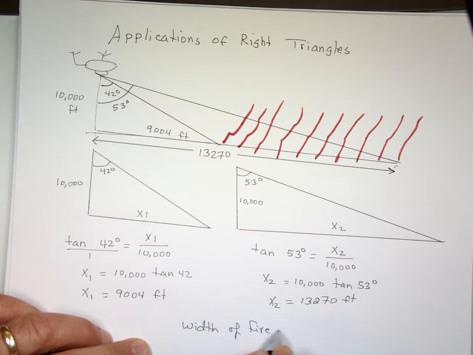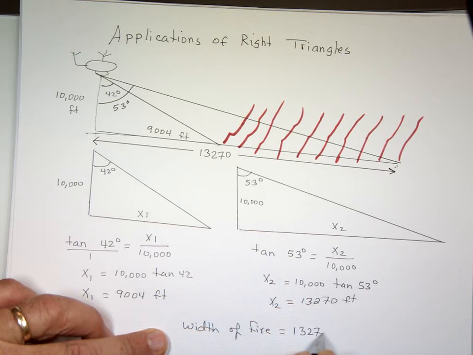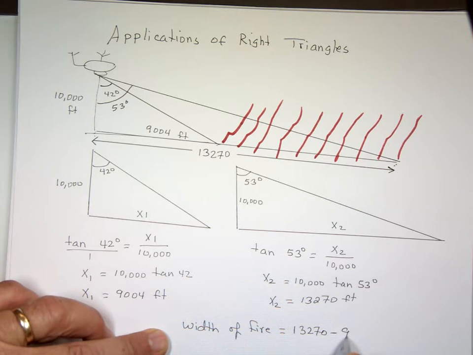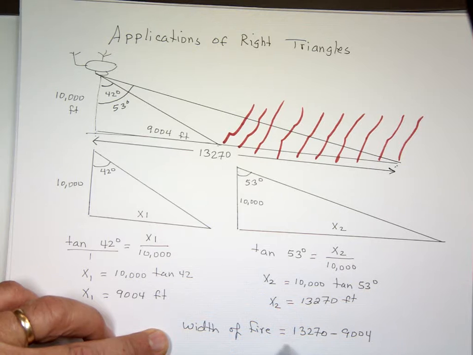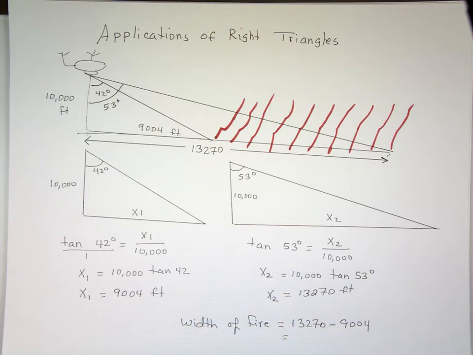We subtract them, right? 13,270 minus 9,004. 4,266 feet.